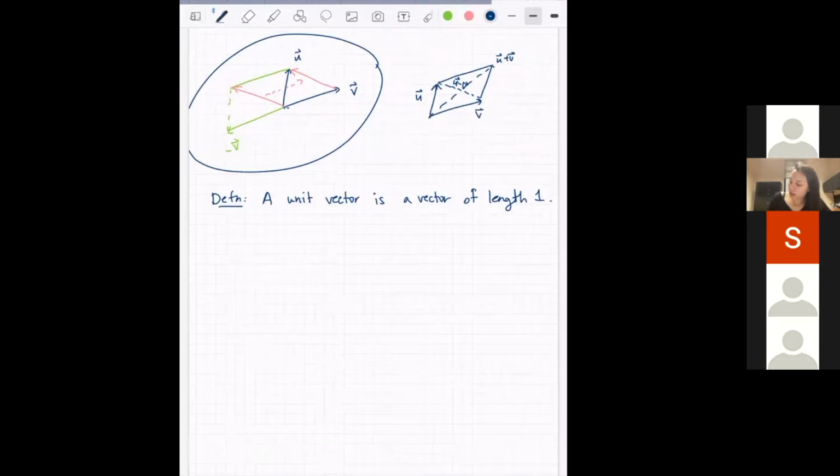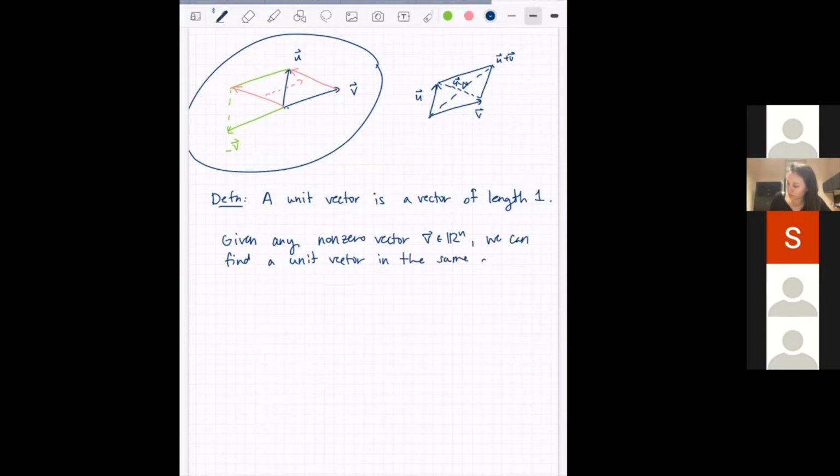And given any vector, actually any non-zero vector in Rn, we can find a unit vector in the same direction by dividing by the norm of v.